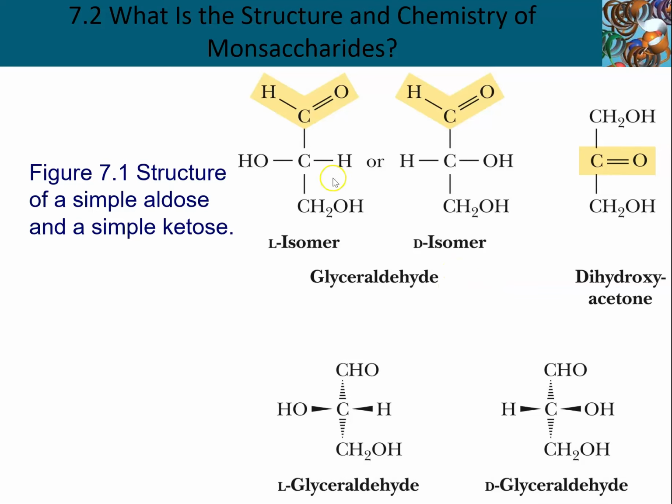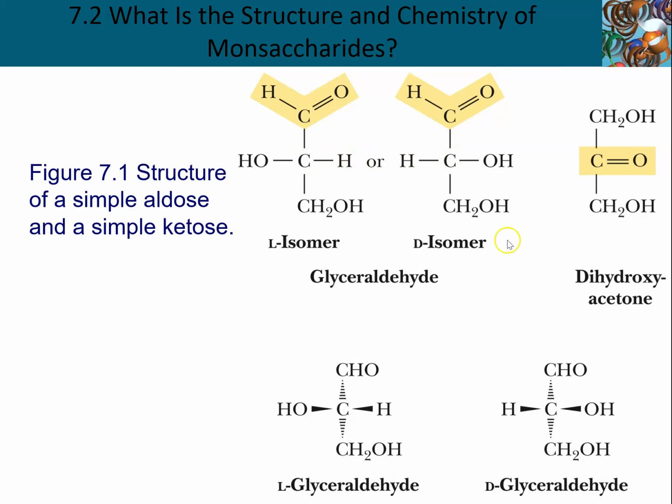So we have carbon chain, 1, 2, 3 carbons in the backbone, and we can have an L or D isomer, and that isomer is going to be determined based on the stereocenter of the highest numbered asymmetric carbon, which in this case is the second carbon for both of these chains.